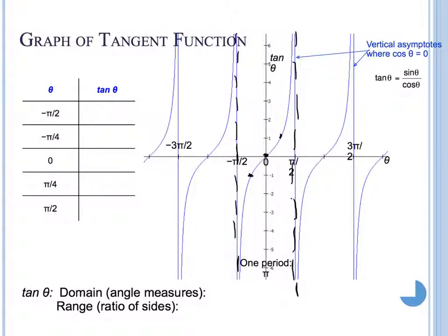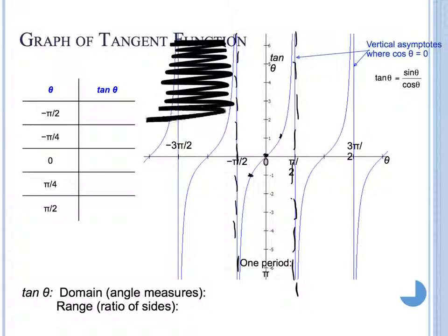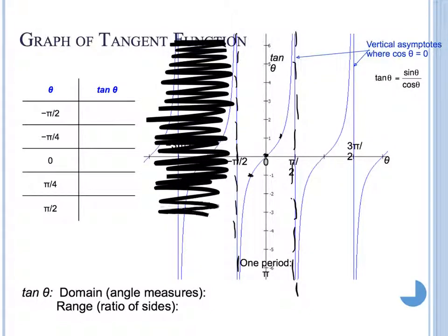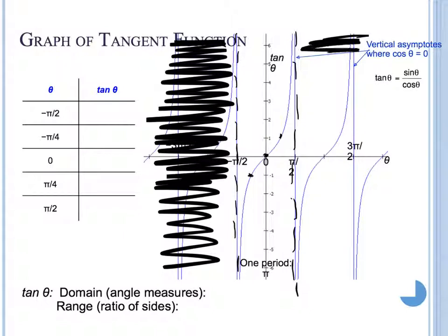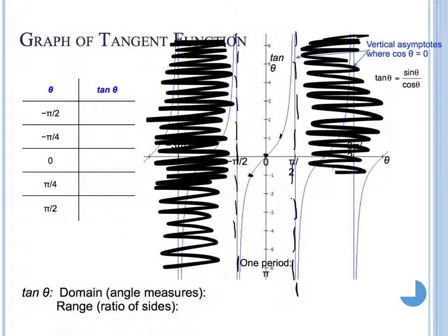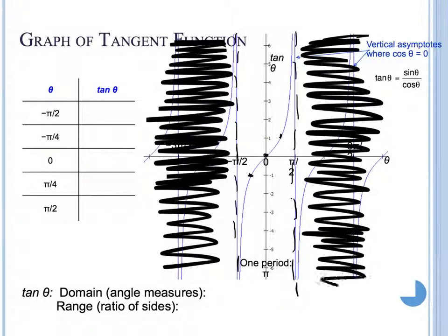So how did I go from an asymptote and a couple points to this graph? I am going to scribble out so we can't see all of this. We are truly focusing on just this part in the middle.